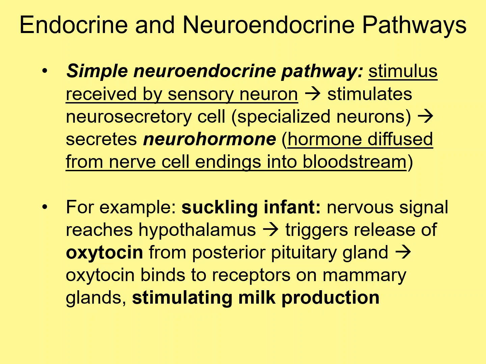That nervous signal then triggers the release of the oxytocin from the hypothalamus to the posterior pituitary gland, and the posterior pituitary gland then releases the oxytocin into the bloodstream. So basically the posterior pituitary is sort of the delivery mechanism, I suppose. And then oxytocin travels through the bloodstream to receptors on the mammary glands, and that stimulates more milk production.